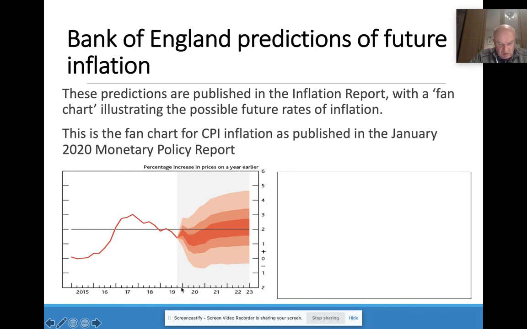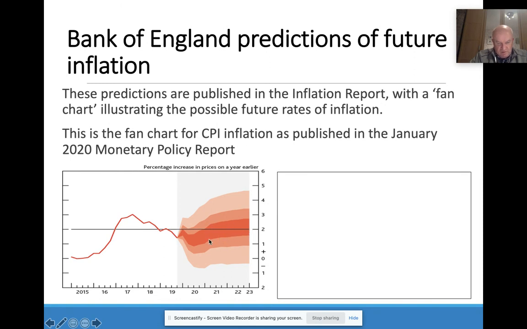early 2020. Well, what this fan chart suggests is where the Bank of England, at the time, or the Monetary Policy Report, felt that inflation might go in the future. And the stronger, brighter colour, as you can see, is the place that they think it's most likely to go.